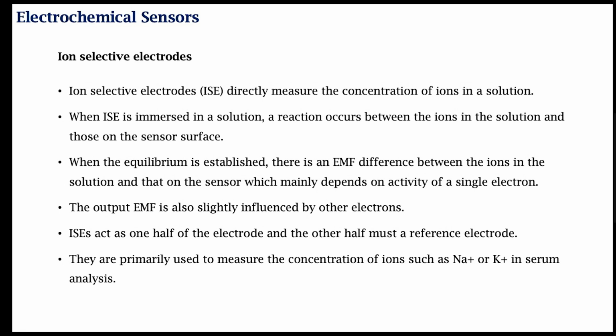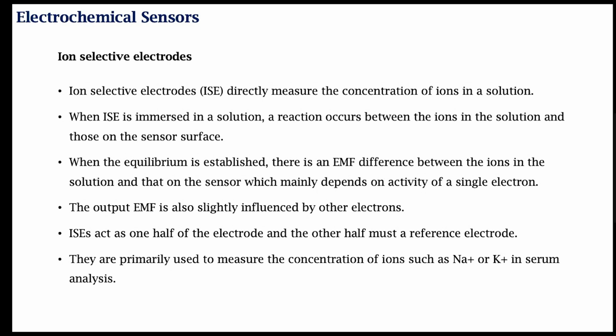But when an equilibrium is established, there is a potential difference between the ions in the solution and the ions on the sensor or the electrode. This is usually dependent on the activity of one particular species. So the output EMF is usually also influenced by other species.